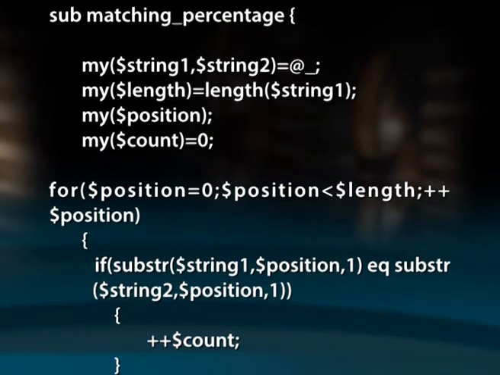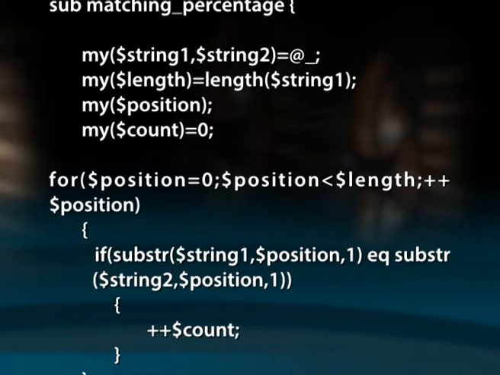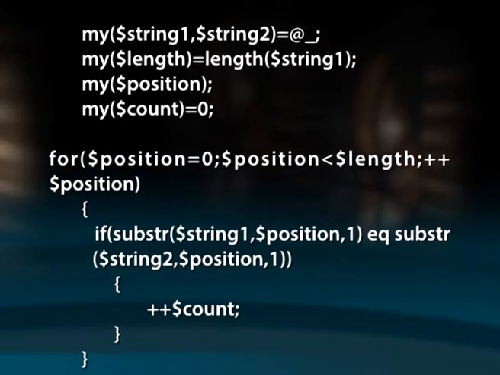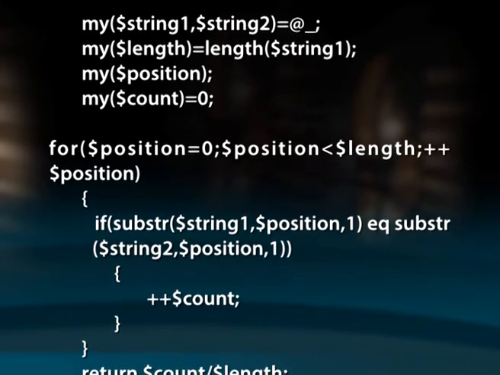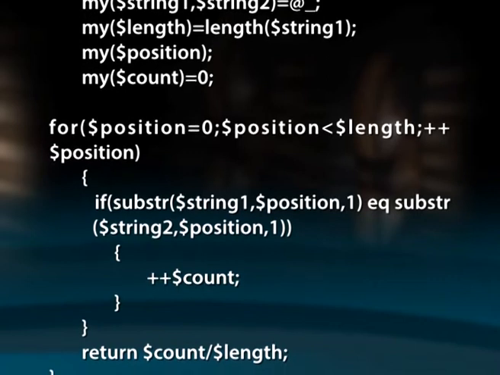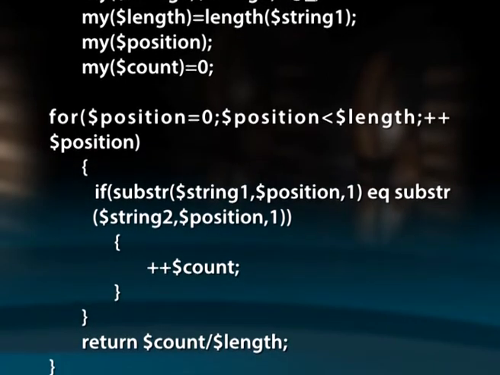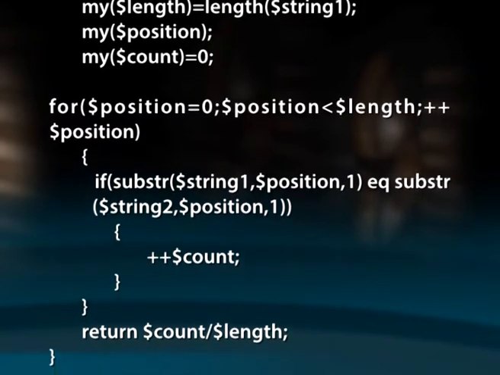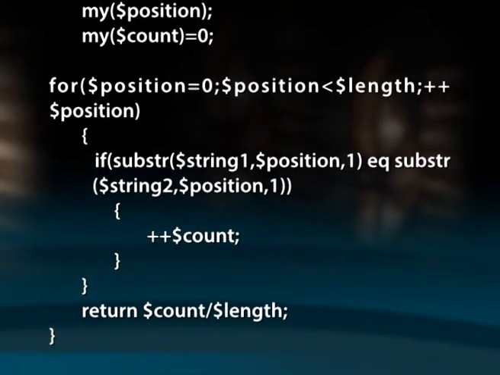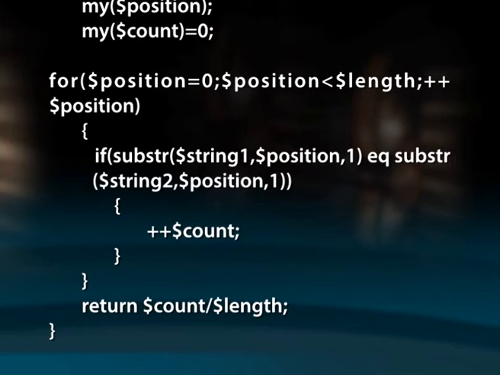A for loop is designed as for $position equals 0, $position less than $length, and plus plus $position. If substring of $string1, $position, 1 equals substring of $string2, $position, 1, plus plus $count. Return $count divided by $length.